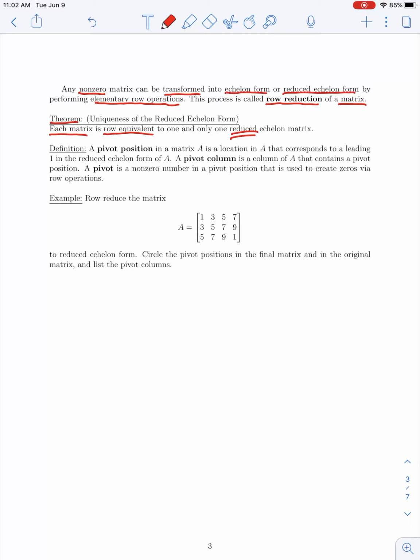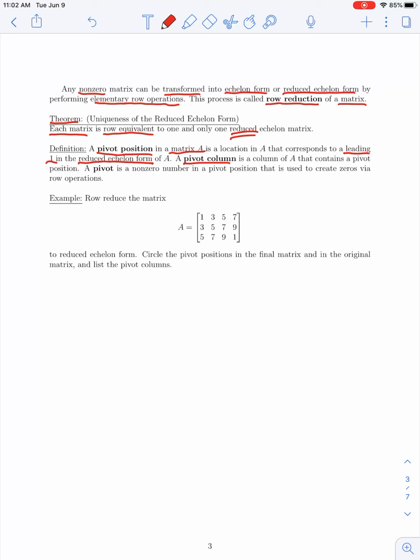Now, when we perform this process of row reduction, we're going to be making use of something called pivots or pivot columns of a matrix. So let's introduce a little terminology before we look at an example of row reduction. So here we would say that a pivot position of a matrix A is a location or an entry in A that corresponds to a leading 1 in the reduced echelon form of that matrix.